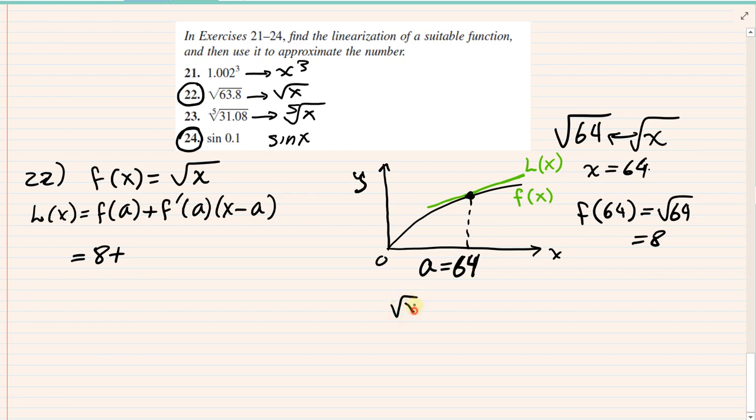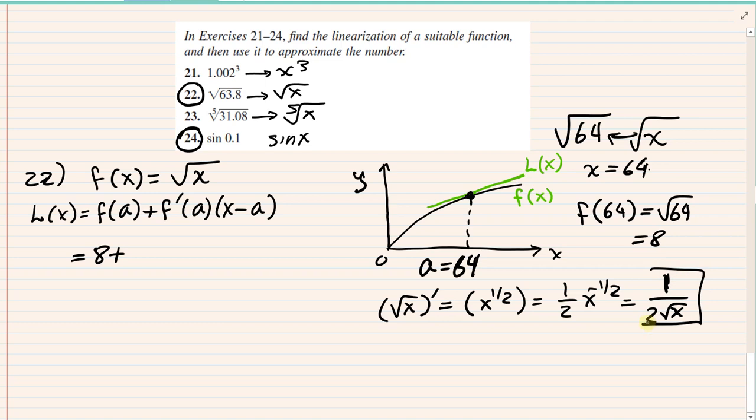So the derivative of root x is going to be the derivative of x to a half. That's 1/2 x to negative a half, which can be written as 1 over 2 root x, right? And we see this too often, so maybe next time I'll just put that the derivative of root x is 1/2 root x in the denominator.